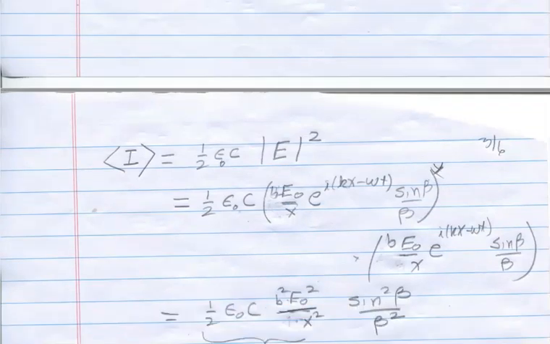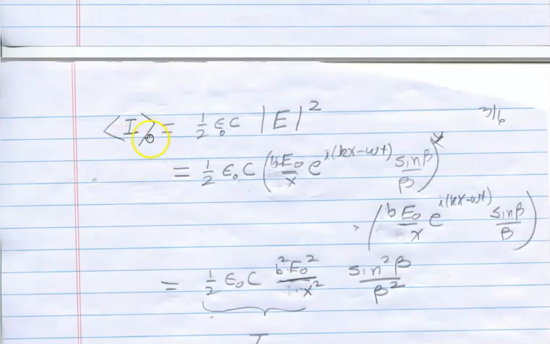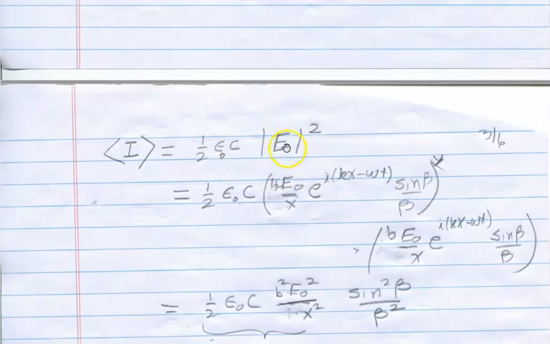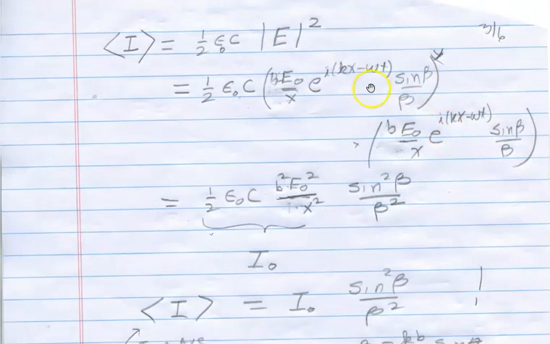And then to get the irradiance, or the time average value of intensity, I use our formula derived earlier, 1/2 epsilon naught c times the absolute modulus of that field squared. And this, of course, is just the electric field complex conjugated times the electric field back again and give me that absolute modulus.